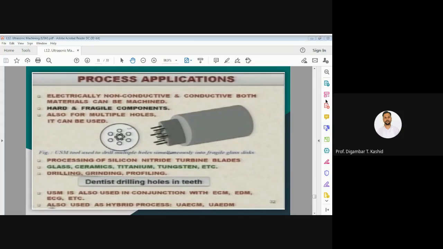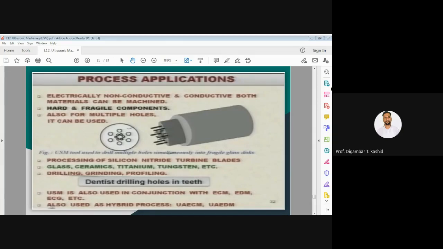Okay, that means your work can be electrically conductive or non-conductive, so both materials can be machined using this process, because we are not making either tool or workpiece a cathode or anode, whereas we are making tool or workpiece anode and cathode in case of the EDM process. Okay, that we are going to see in the next chapter.